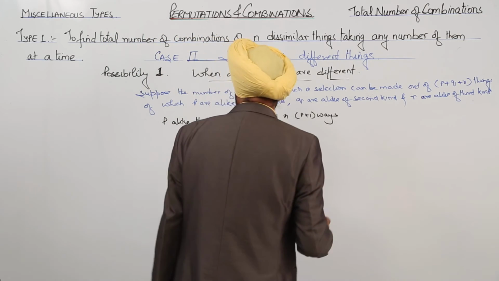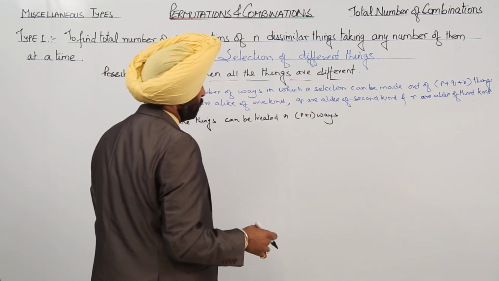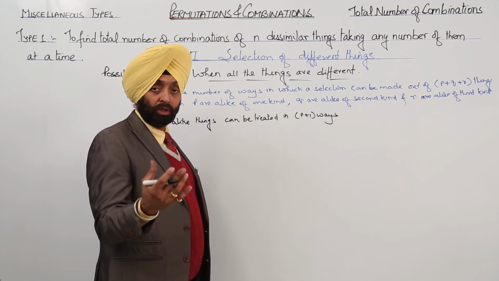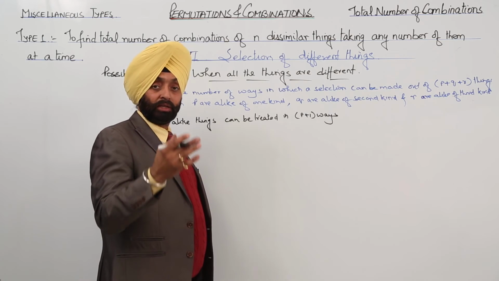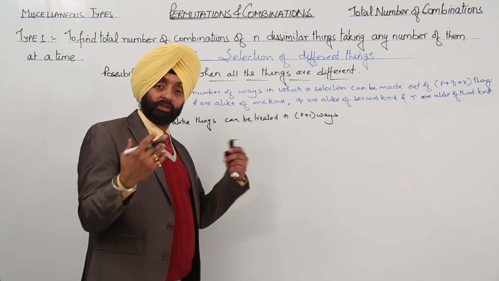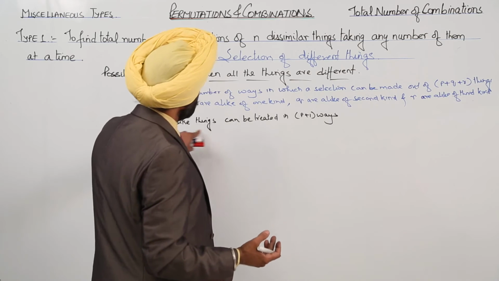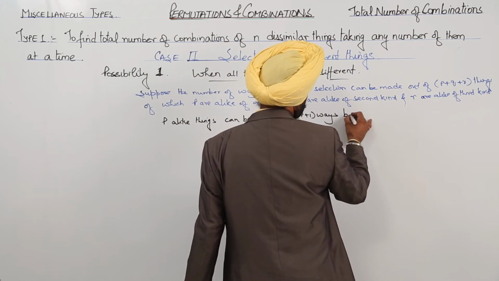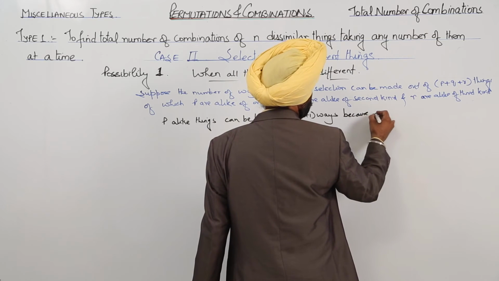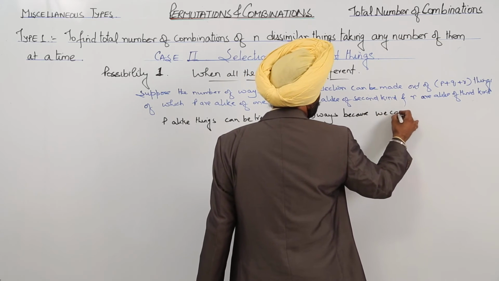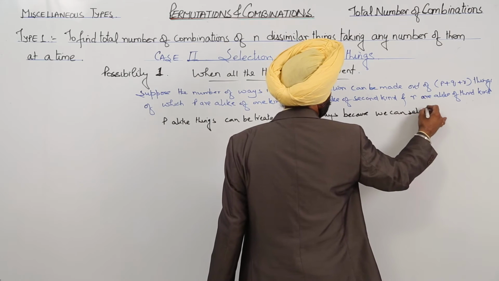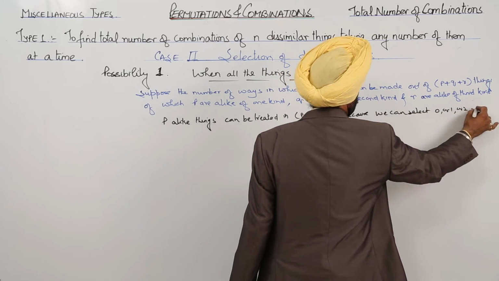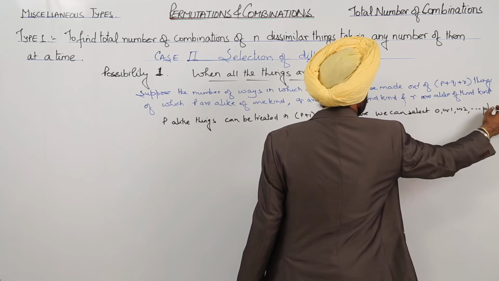So P alike things can be treated in P plus 1 ways, as we are discussing for at most 2. So for at most 2 we are taking 2 or less than 2, and we can even take 0 also. Okay, so P alike things can be treated in P plus 1 ways because we can select 0 or 1 or 2 up to P times.